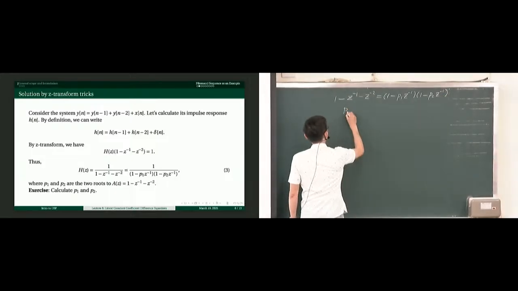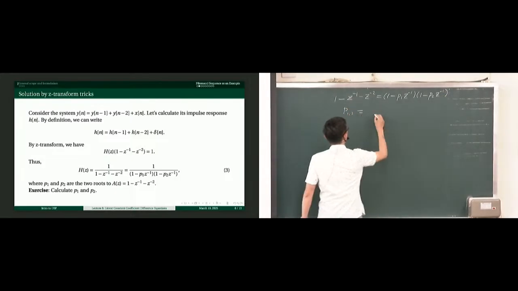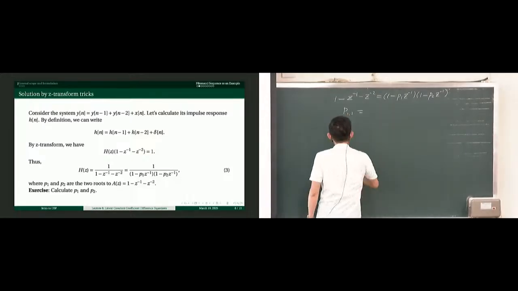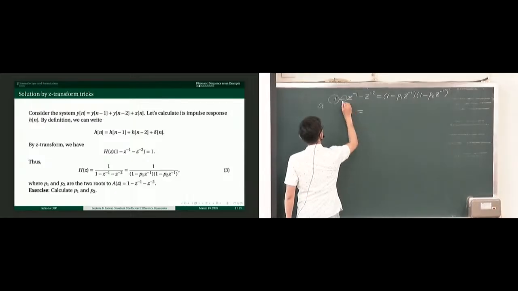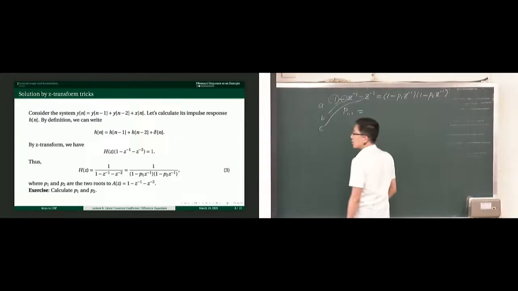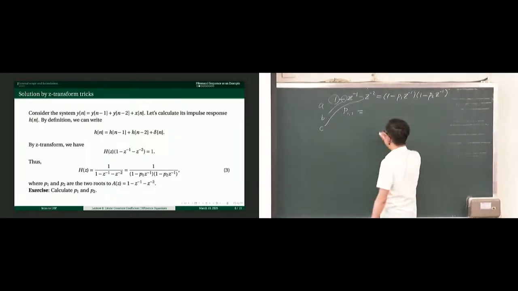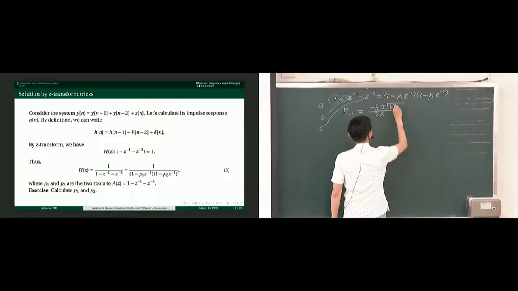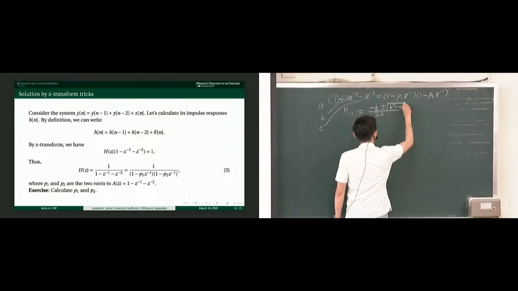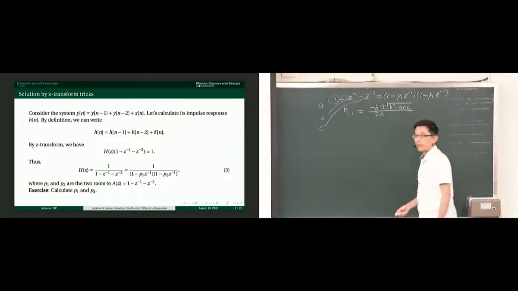So basically P1, P2 is, if we call this A, this is B, this is C, then we can apply the formula. P1, P2 is basically 2A at the bottom, minus B, plus or minus square root of B squared minus 4AC. Seriously, this is nothing but that.